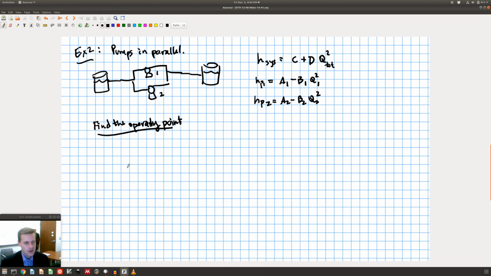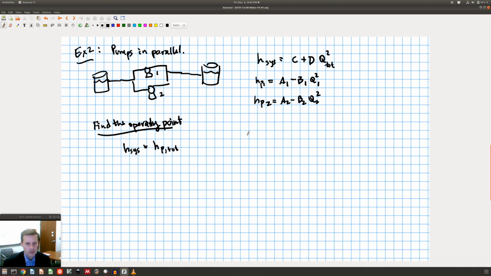Now the key to these problems is that we need to remember the system demand curve needs to equal the total pump performance curve. That's the thing we need to remember for both serial and parallel.